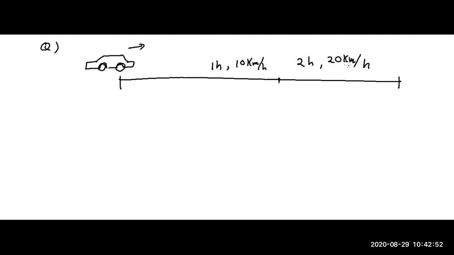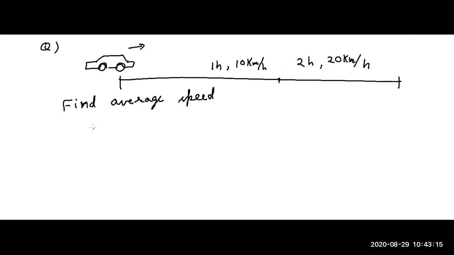What will be the average speed? Find the average speed. The car is traveling on a straight line. For 1 hour it moves with speed 10 km per hour and for the next 2 hours it moves with 20 km per hour. So what is the average speed?